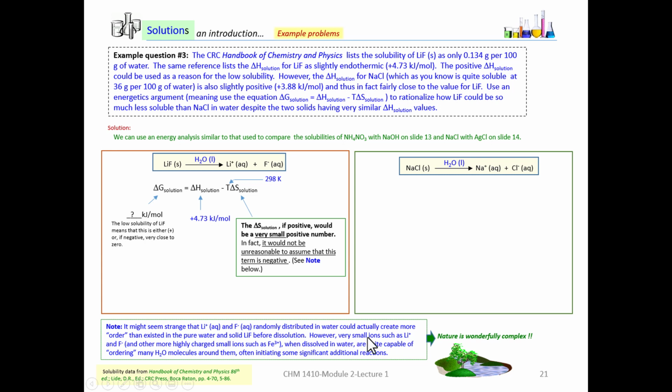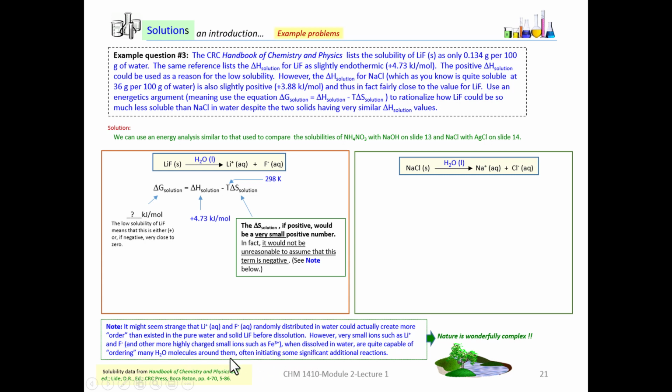However, lithium ion, even though it only has a +1 charge, is a really tiny ion. And tiny ions, their charges can have an outsized impact on the environment around them. Fluoride is another one that doesn't have a very high negative charge, but it's a very tiny ion.